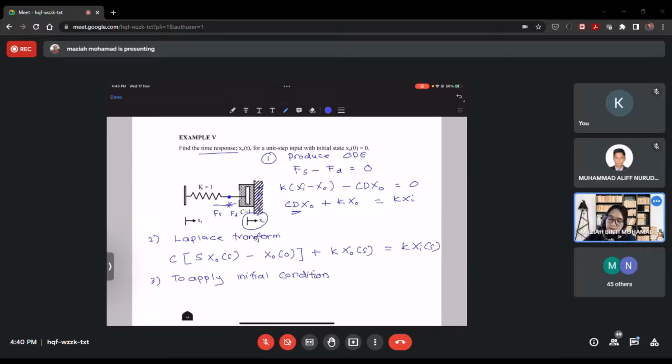Then the third step is to apply the initial condition. Again, we're also going to apply all the parameters given there. K is 1, C is 1. It is also mentioned that the initial state x naught(0) is equal to 0, therefore this term will become 0.